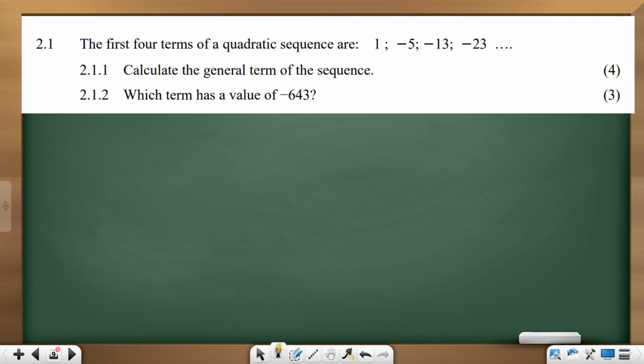Oh, now we are on number patterns. I hope you still remember.